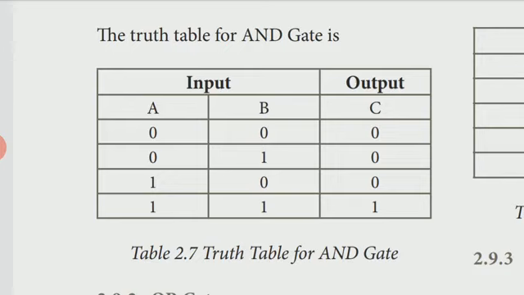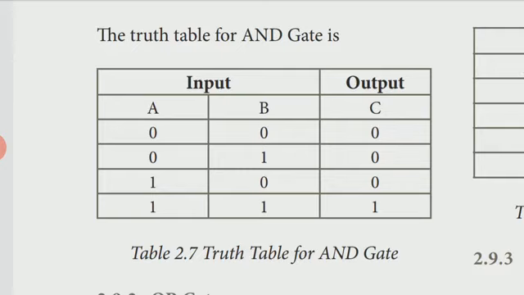Here they gave 2 inputs, 2 power 2 becomes 4. For example, if we have only one input, 2 power 1 becomes 2, only two values, 0 and 1. In the same way, if they gave 3 inputs, A, B, C, how many values will you get? 2 to the power 3, which becomes 8. So, 8 input values you will get for this problem.